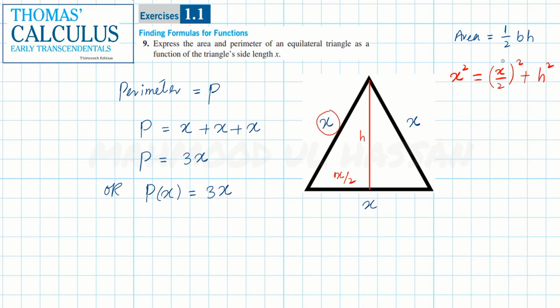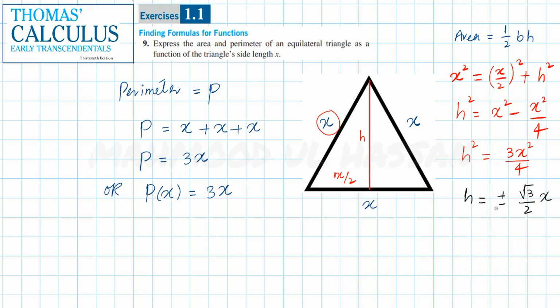So shift the first term to the left side, and we get h squared equal to x squared minus x squared upon 4. By simplifying we get h squared equal to 3x squared upon 4. Now we take the square root on each side, so the value of h will be plus or minus square root of 3 divided by 2 times x.